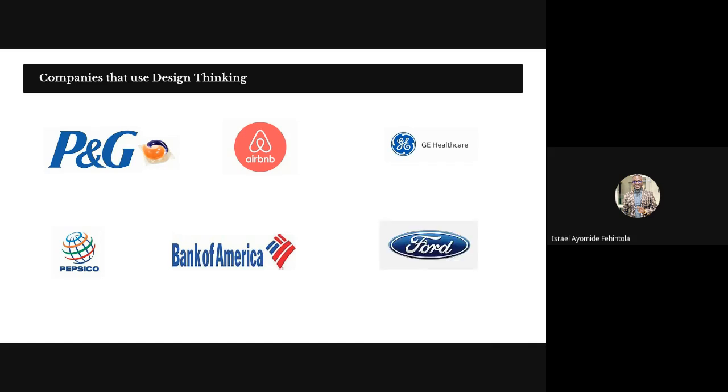Then the last company we will look at is Ford. Henry Ford is one of the most popular early adopters of design thinking. Ford was able to identify that users needed something new in their cars. They needed a new experience. And through that, they introduced the Sync in-car system.